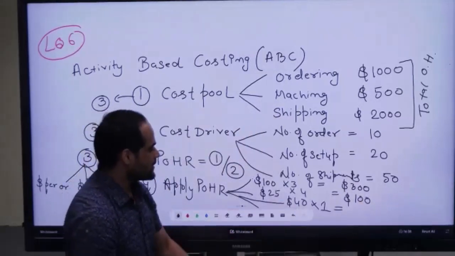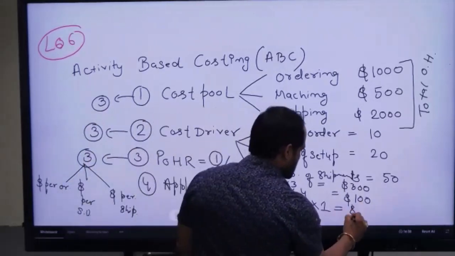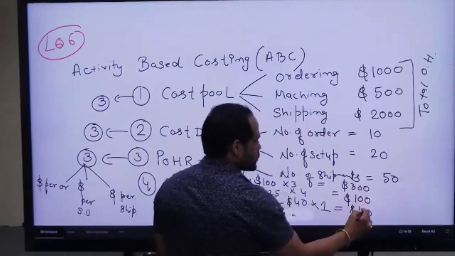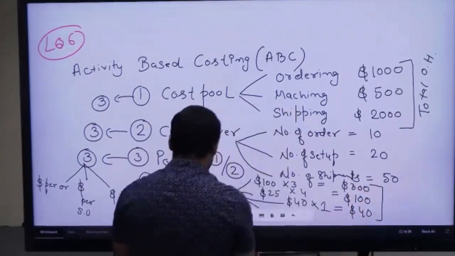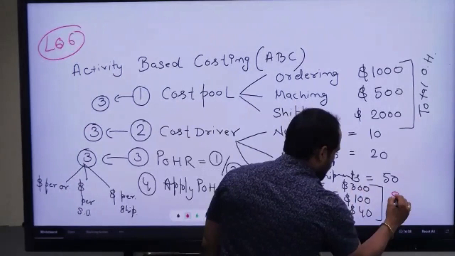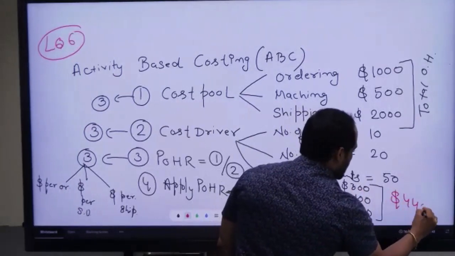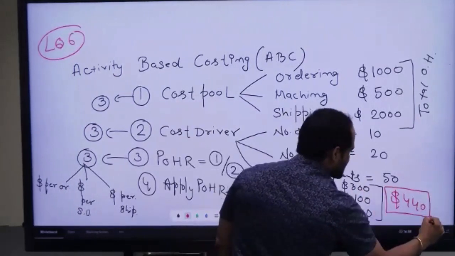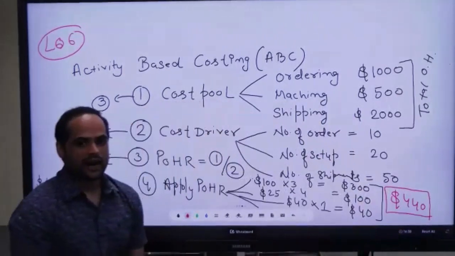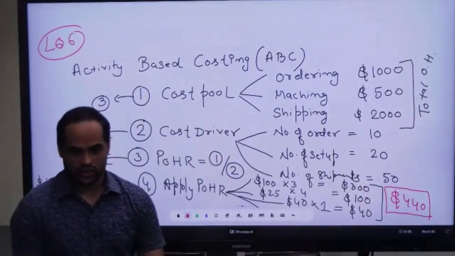And 40 multiplied by 1 is 40. So total is 440.